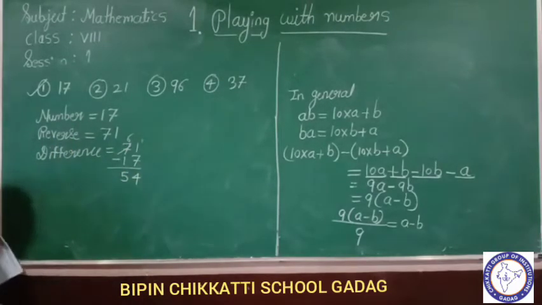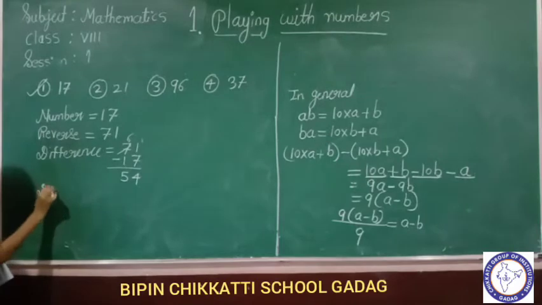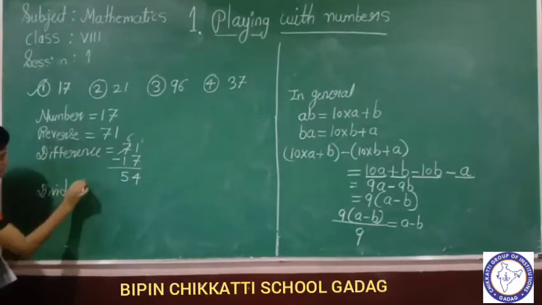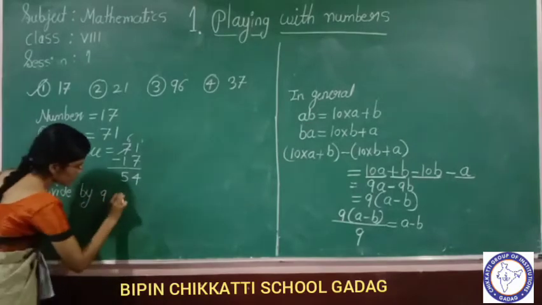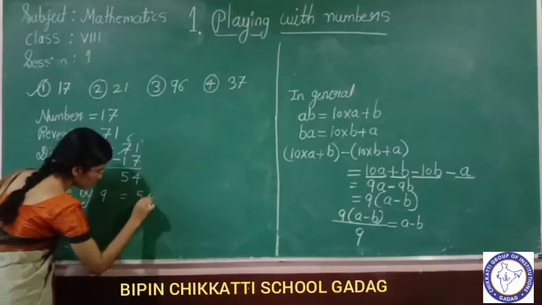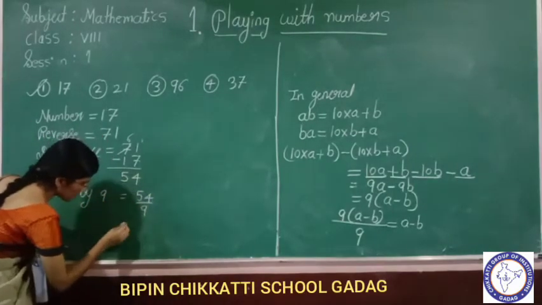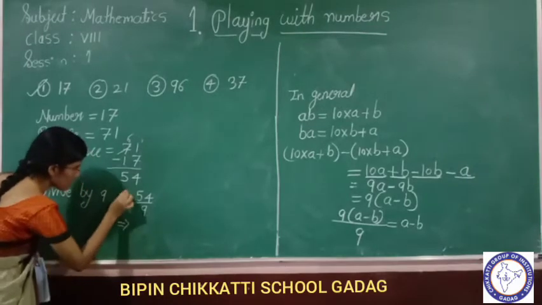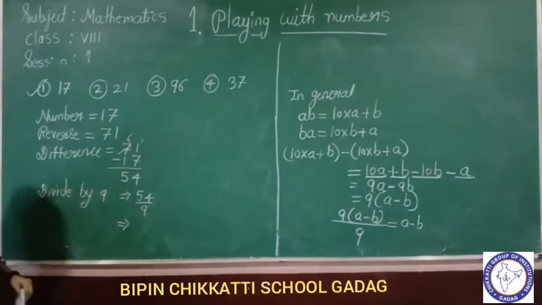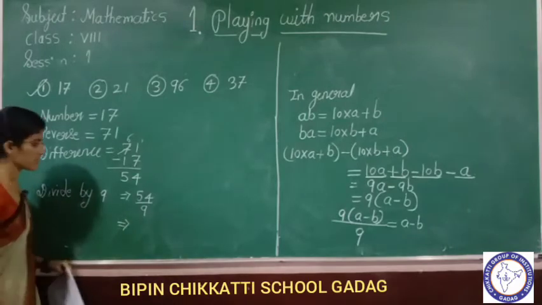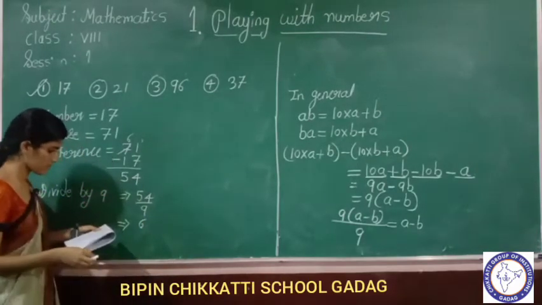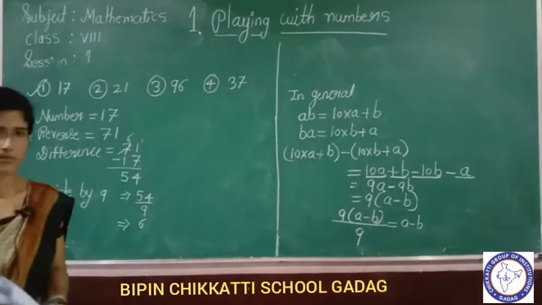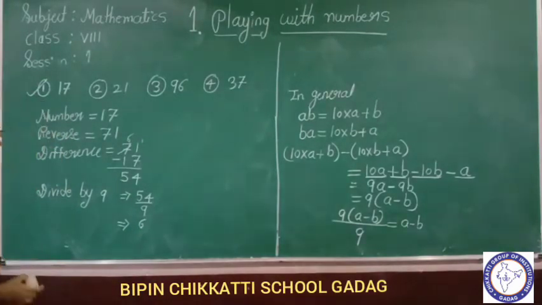Okay, now what is the step? Divide by 9. If we divide 54 by 9, what is the answer? 6, right? Now what we have done here?